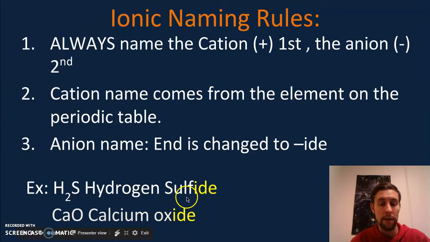So in the same way, the non-metals are going to change their ending, in this case from sulfur to sulfide, and oxygen to oxide. So all non-metals get an "ide" ending when they're in an ionic compound. That's the name of it.